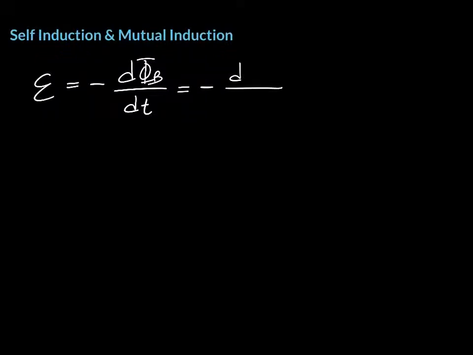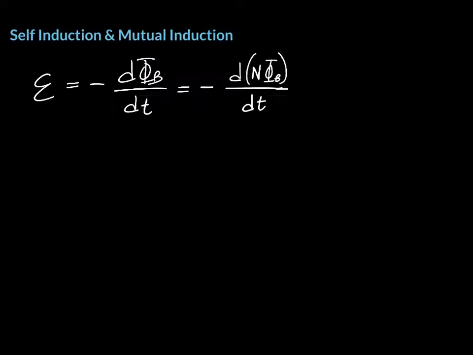So I have this induced voltage formula that says the changing flux per unit time, the negative of that, is what my voltage is. Given what we just saw, instead of phi B, I can put this N phi B in there.